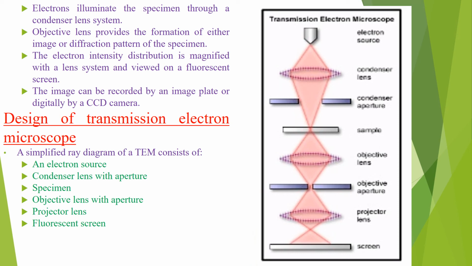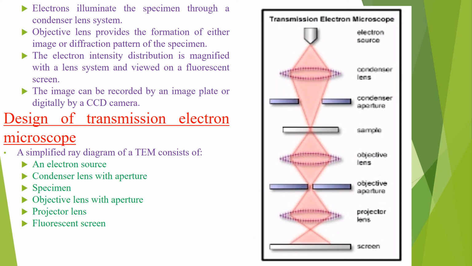Design of the transmission electron microscope. A simplified ray diagram of a TEM consists of an electron source, condenser lens with aperture, specimen, objective lens with aperture, projector lens, and fluorescent screen.